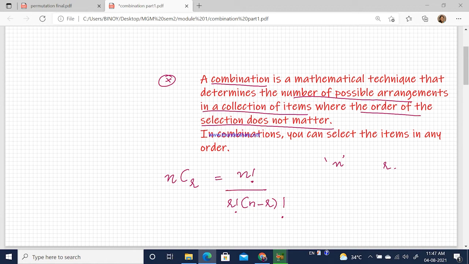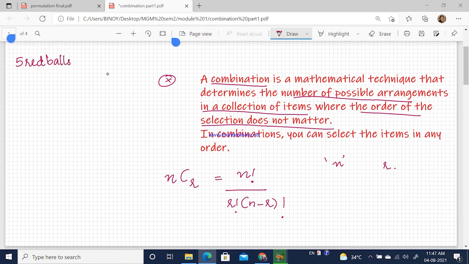For example, I have got 5 red balls. I need to find the combination of 3 red balls, that is, how many combinations of 3 red balls can be generated from 5 red balls. That is my question.